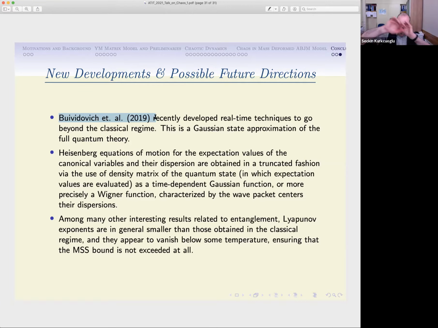Once you switch to Euclidean time and write the effective actions and so on, the entire thing is just oriented in that fashion.